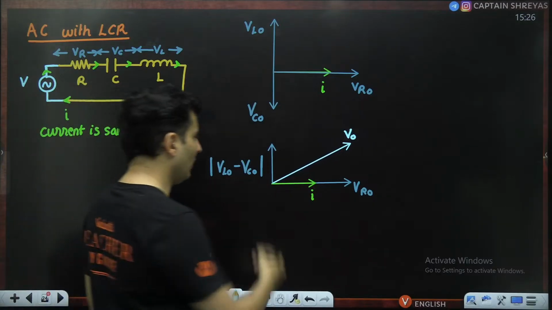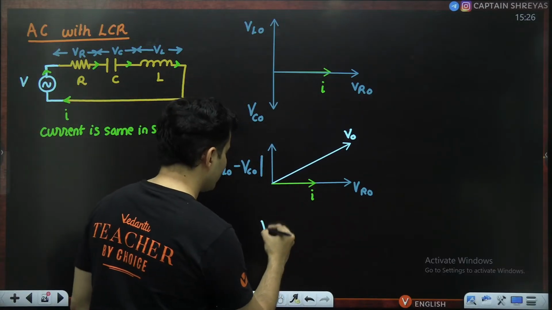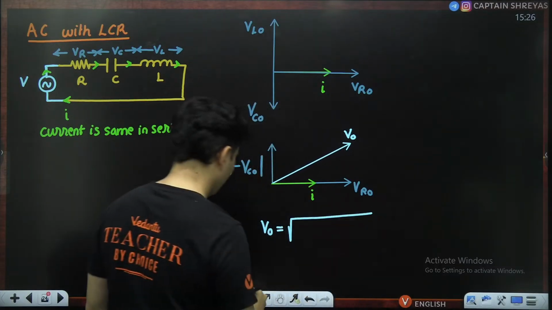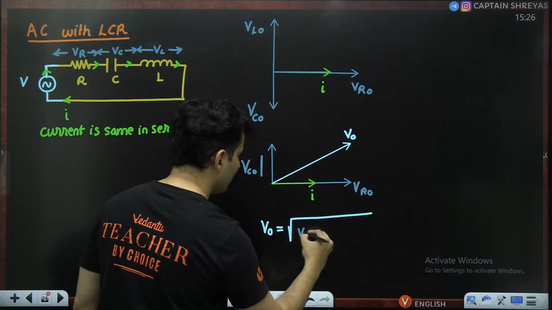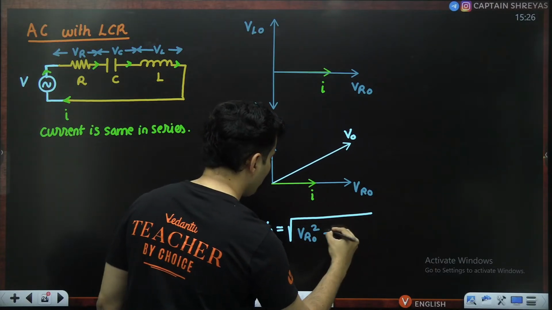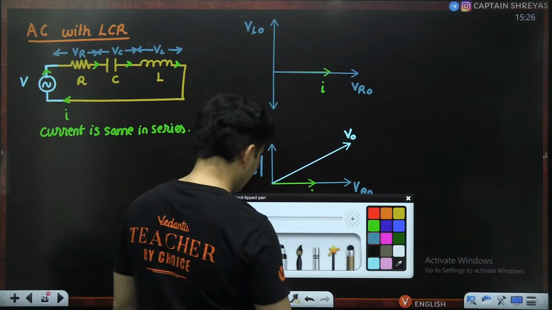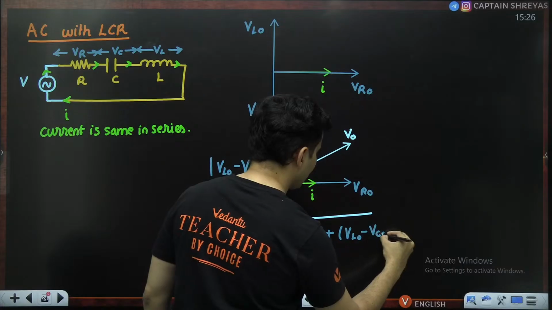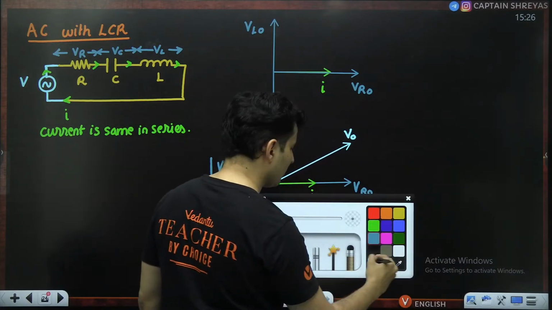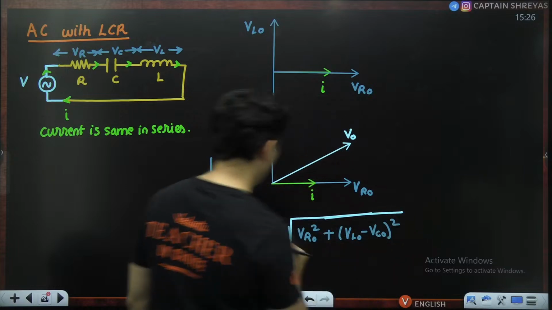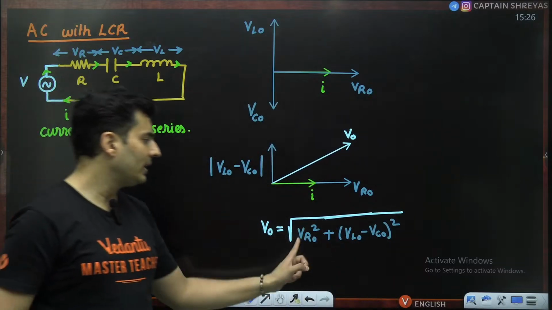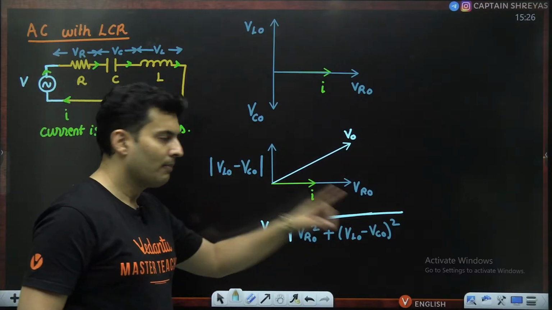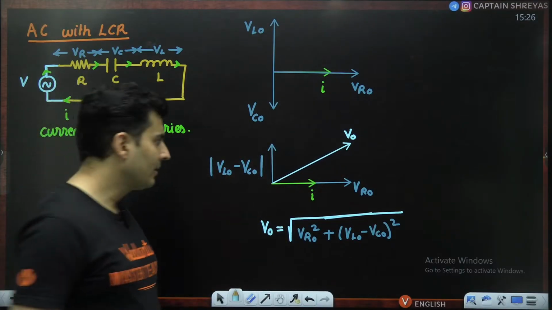Now, because of Pythagoras theorem, can you not see V naught value will be root of, think about it, base, which is VR naught square plus this square. So that is nothing but VL naught minus VC naught square. That is what it will be. Okay, so this is the value of the net voltage in terms of the maximum values of voltages across resistor, inductor and capacitor.